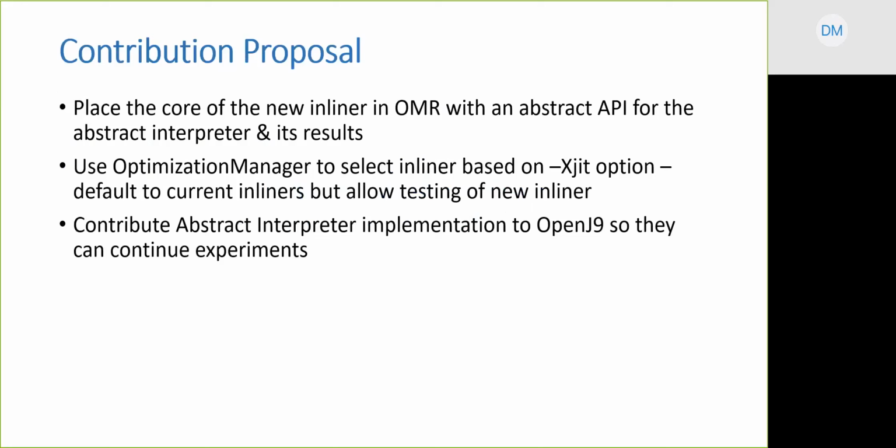Right. So if you look at the optimization strategies in OMR at the moment, there are two versions of inlining, well, actually three, but we'll leave the third one out. There's one that uses the multi-target inliner, and that's the one that you find in cheap, warm, hot, scorching.